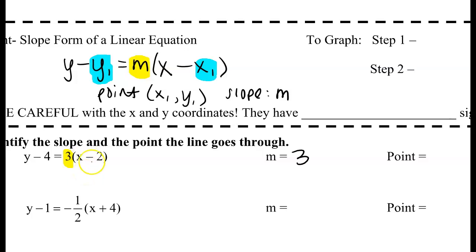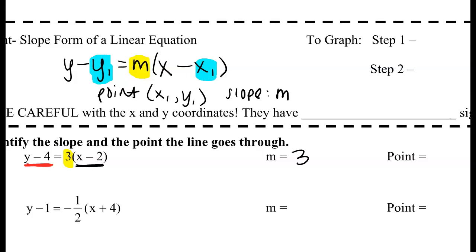For example, you see that we have x minus 2. That means 2 is what's going to give us our x value for our point. And our y value for the point is over by where the y is located.